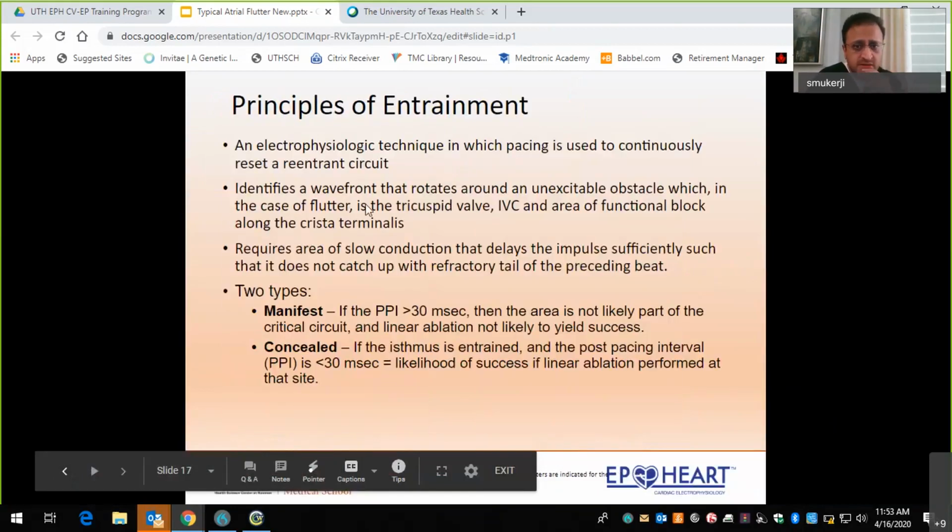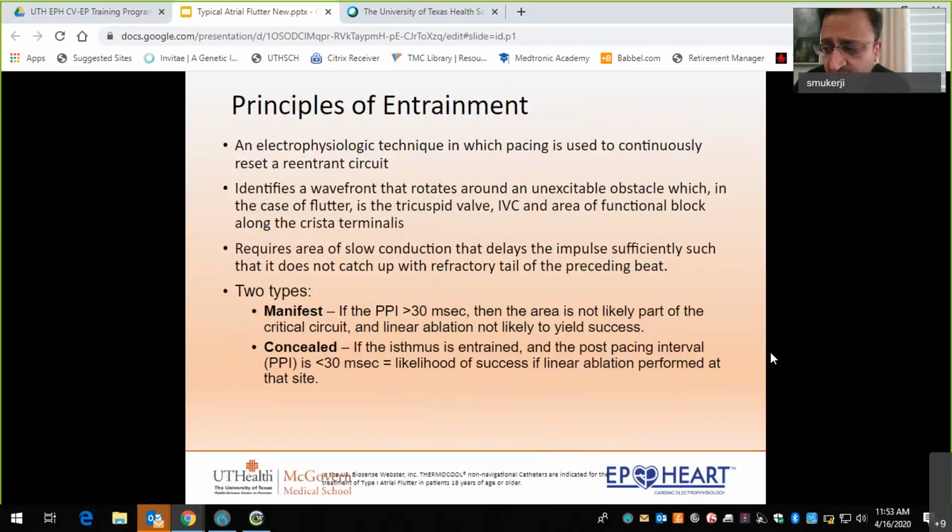Okay, and talk about the principles of entrainment. What I just demonstrated through that illustration was entrainment. So hopefully this slide will make a little more sense. So firstly, there are two terms that you need to be aware of. There's something known as manifest entrainment, and there's something known as concealed entrainment.